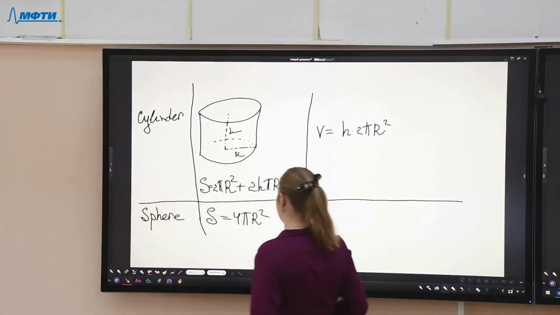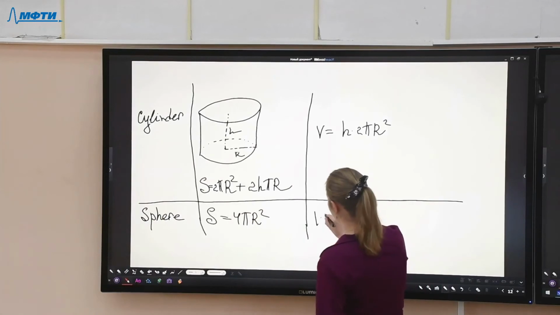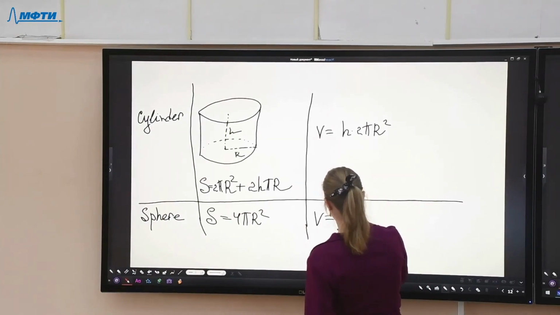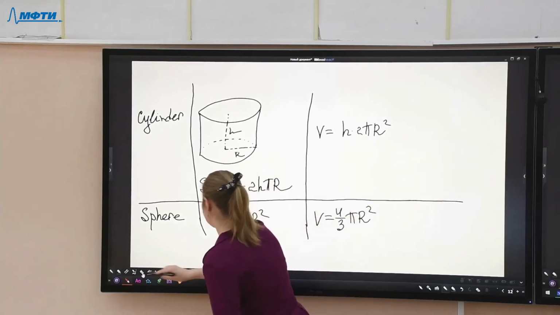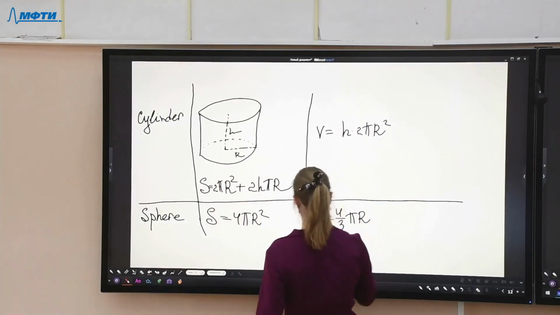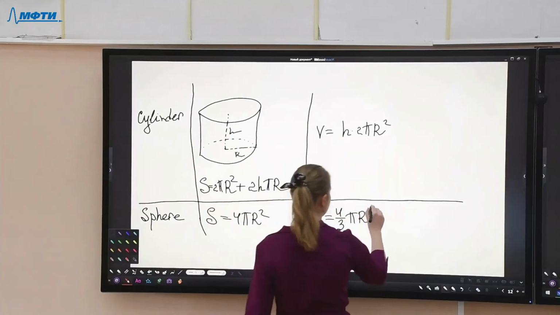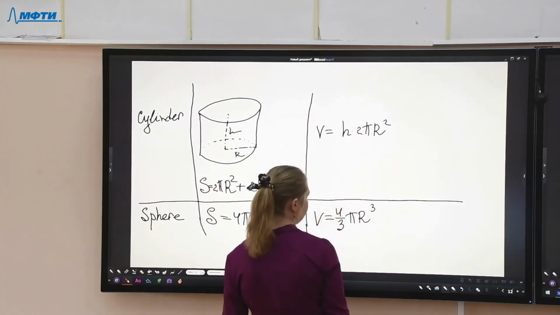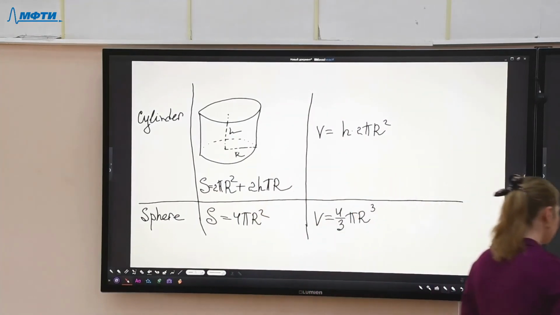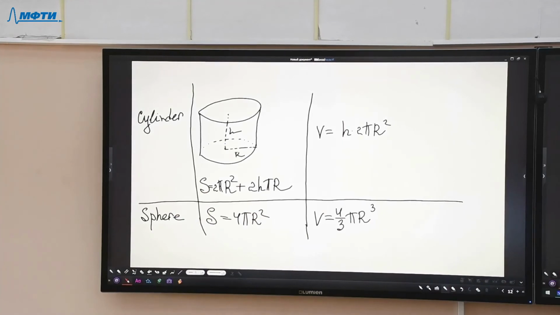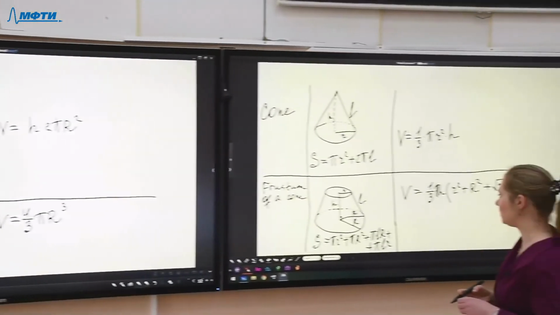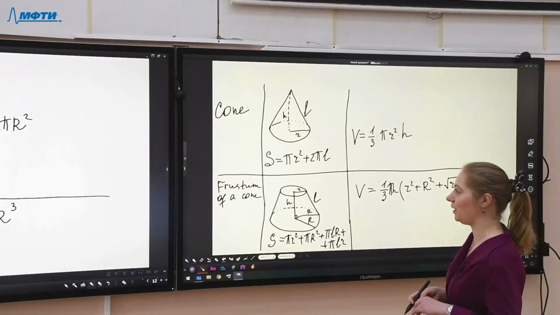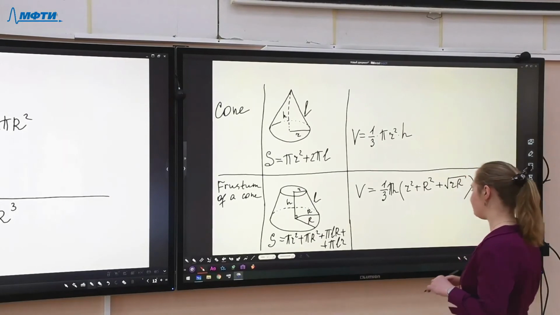Here r is the radius, and the volume is 4 over 3 pi r cubed. Well, to my mind, we have considered all solids we need in our course.